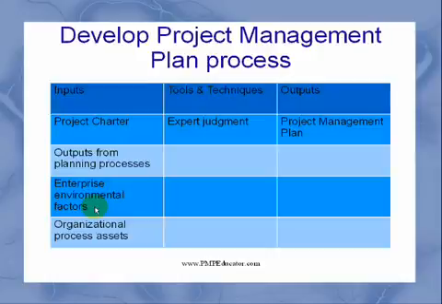Organizational process assets have the templates, the guidelines, and the lessons learned, all the information in the organization's repository, where you can get the information to go through the planning process.